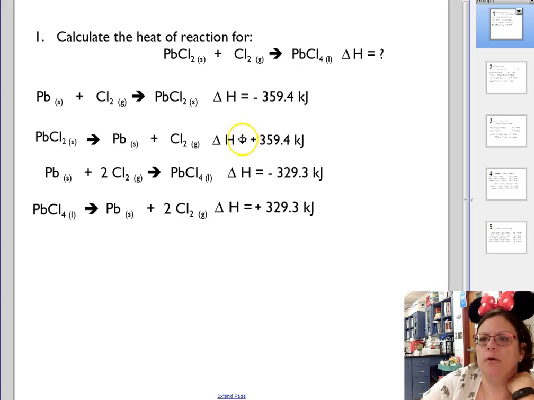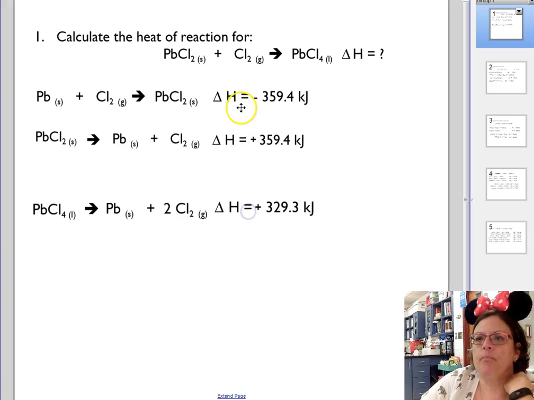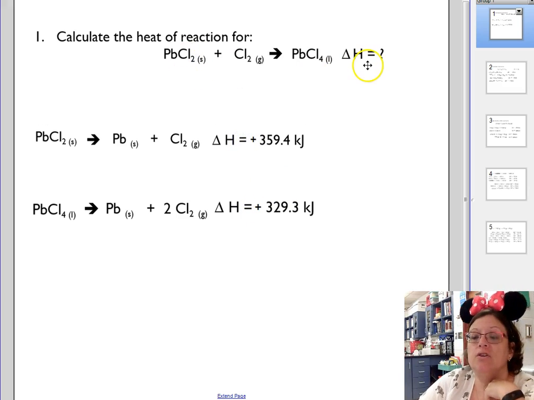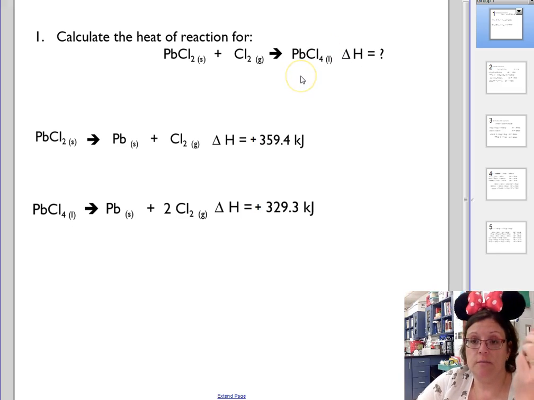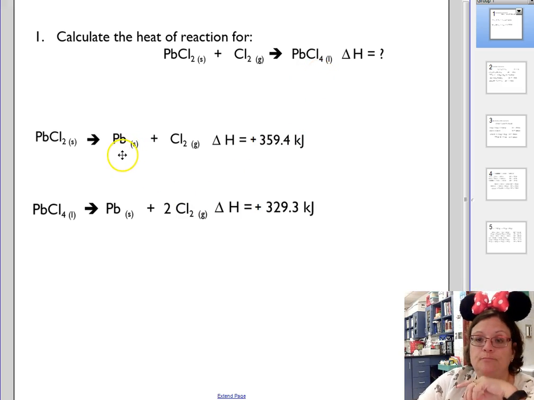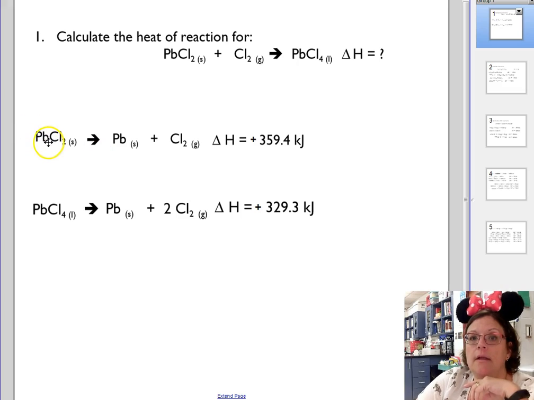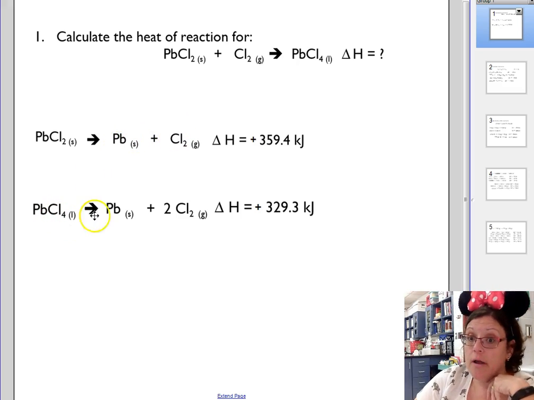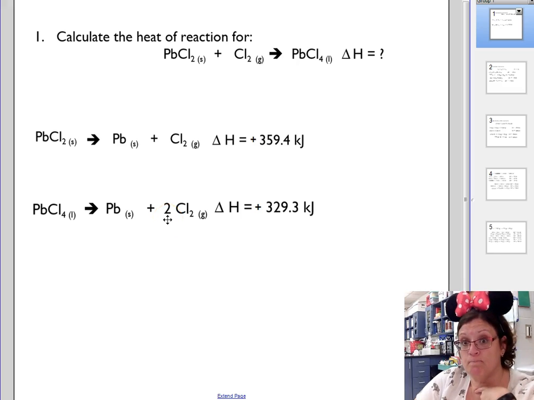Okay, so this is our reaction. We've got lead 2 chloride, we're making lead 4 chloride. But we cannot find a delta H for this. However, we know that lead 2 chloride can be made from lead plus chlorine, and lead 4 chloride can be made from lead plus chlorine.